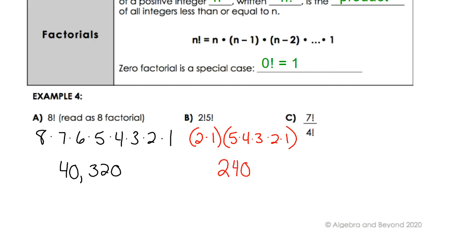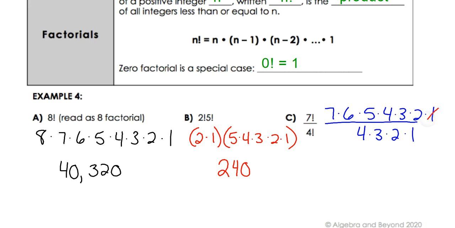For our third one, now we're dividing factorials. So we have to be really careful here and really understand what the factorial means. In this situation, we are in the numerator multiplying 7 by all the numbers below it down to 1. And then in the denominator, we're multiplying 4 times all the numbers below it. When we do that, we start to see that there are numbers that are the same in the numerator and denominator, which means they cancel out to 1.